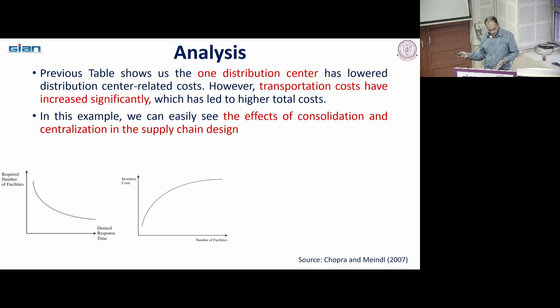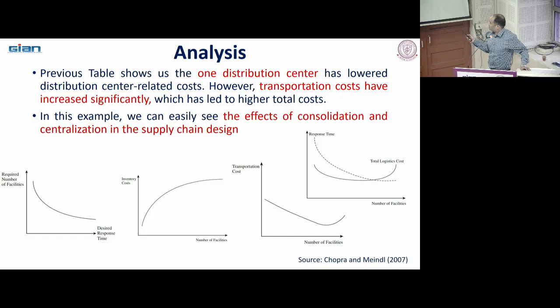When the number of facilities increases, your inventory cost will also go up. Then transportation cost versus number of facilities: as facilities increase, transportation cost decreases. Why? Because you need to travel lower distances.